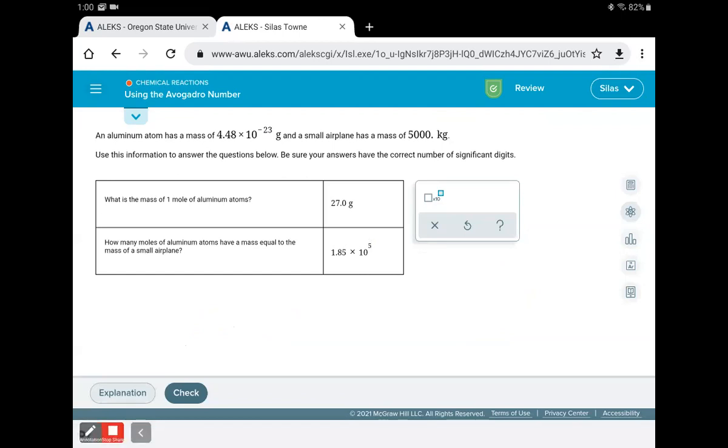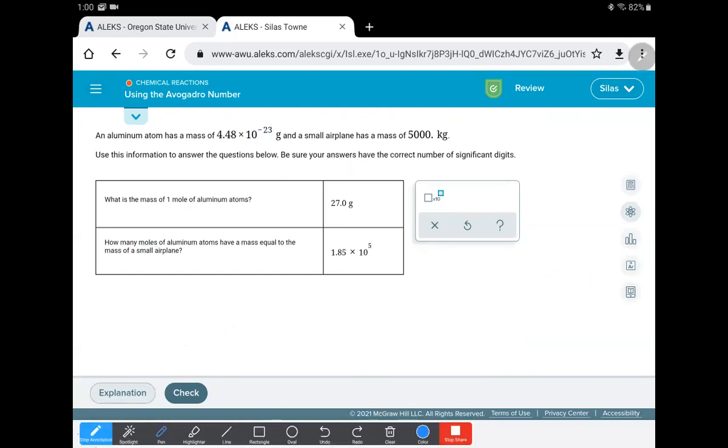Another way to do it with dimensional analysis would be 10 to the 7th grams per airplane.